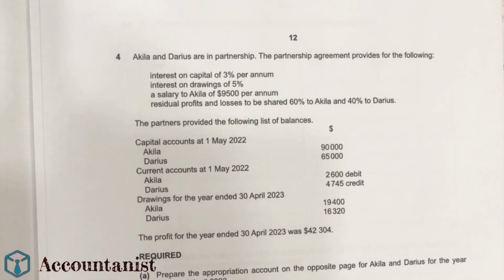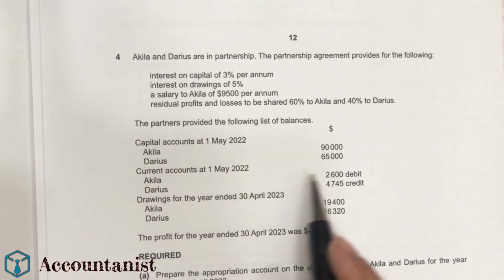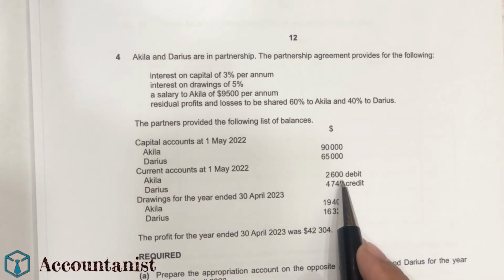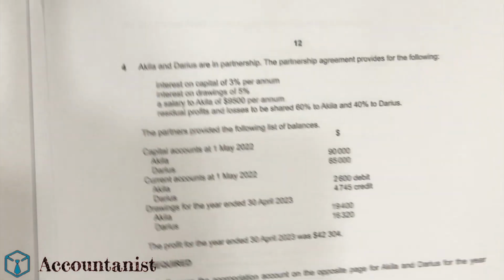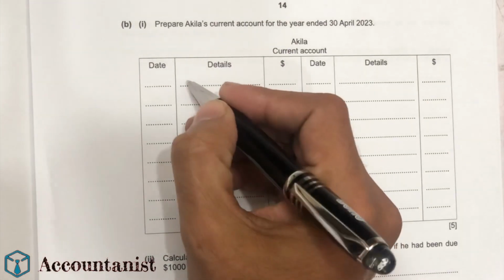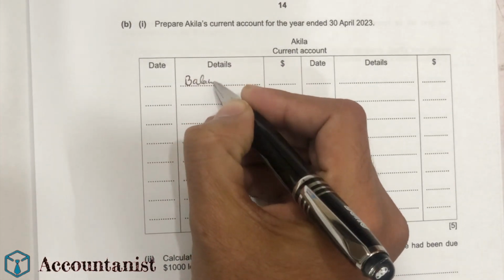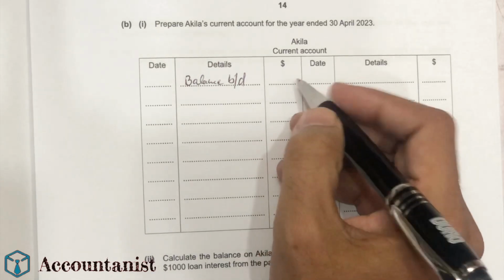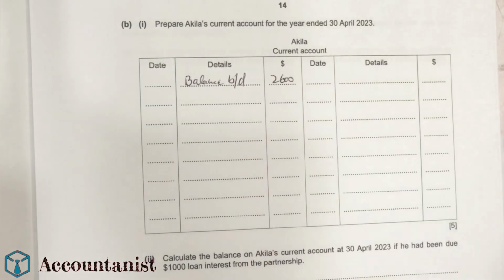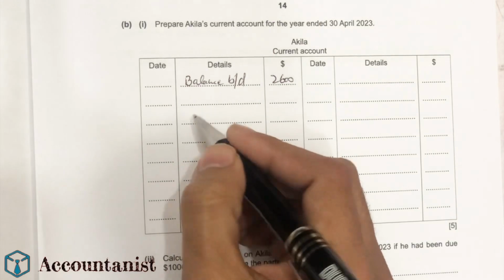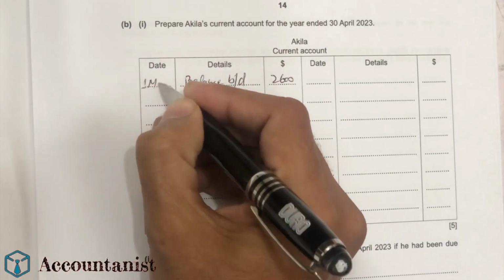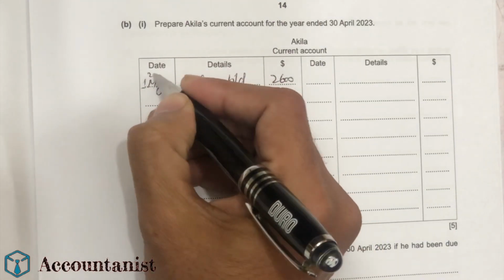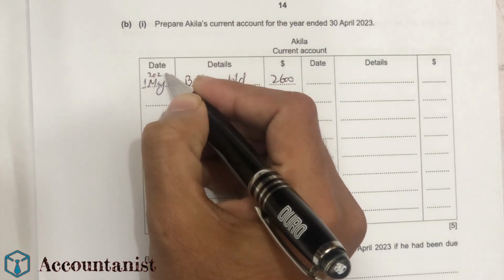It says the current account balance of A is 2600 on the debit side. So I will write down balance b/d here on the debit side, 2600. That was for the 1st of May 2022.